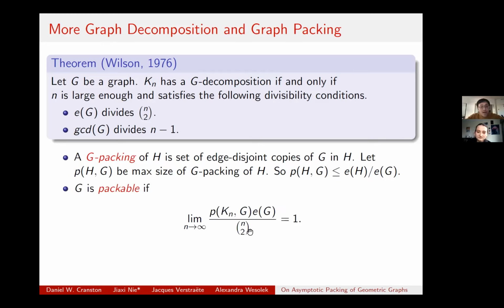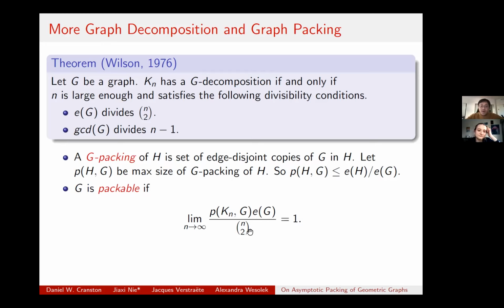And we say a graph G is packable if it satisfies this equation. Let me explain what it means. The numerator on the left-hand side, P of Kn and G times the number of edges of G, basically means the number of edges covered by the maximum G-packing of Kn.